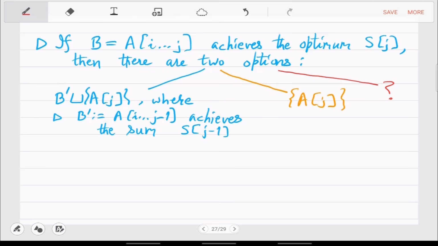It achieves the subarray ending at j minus 1 which is maximized. So either you will use it or you will avoid it. Okay, there is no third option, so there are only two options. That's what you have to formally show. In fact, the statement already is the proof here.